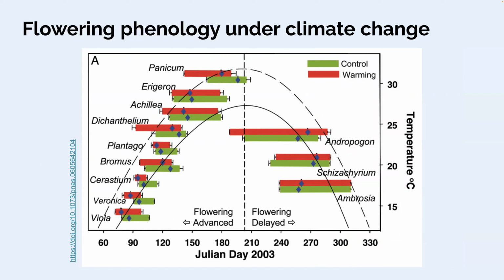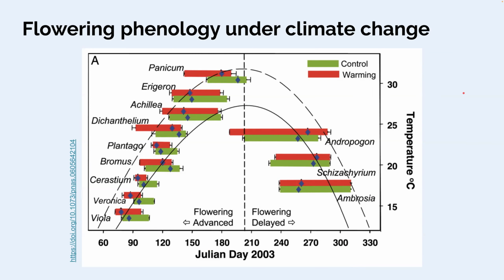So scientists are trying to get ahead of this a little bit and say, well, what happens if I artificially warm or cool the environment a little bit? And there's just a little bit of a switch on some of these species where the warmer conditions cause things to happen earlier. So these red bars are offset to the left more than the green bars.